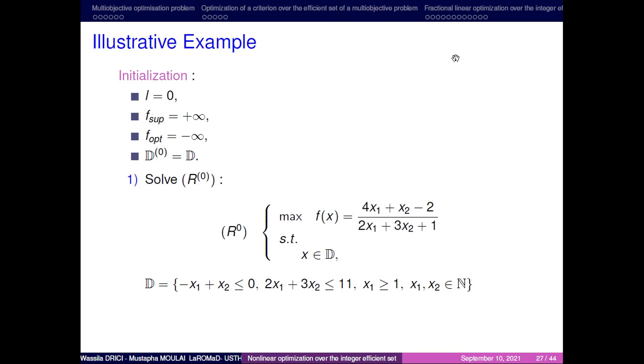We start by initializing L to 0, f sub to plus infinity, and f opt to minus infinity, and D0 to D, the set of feasible integer solutions.